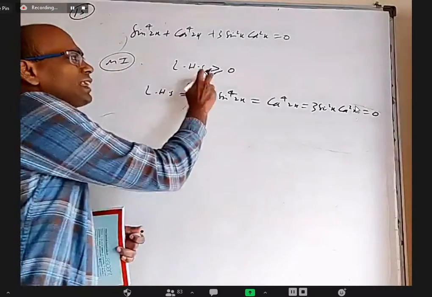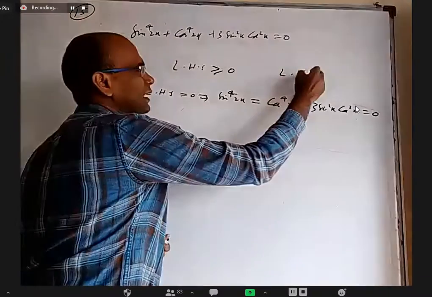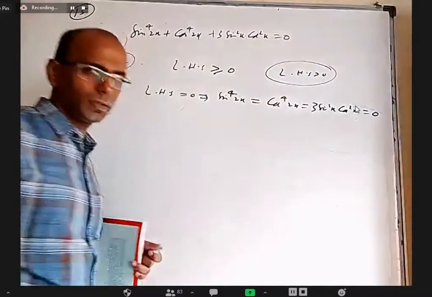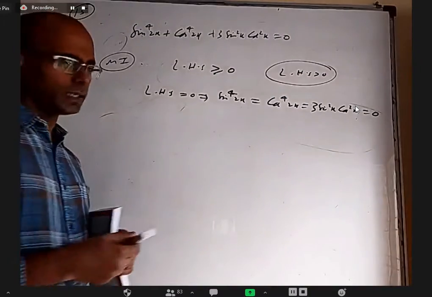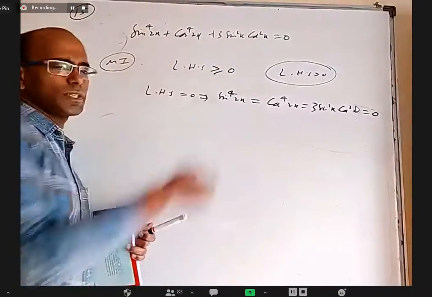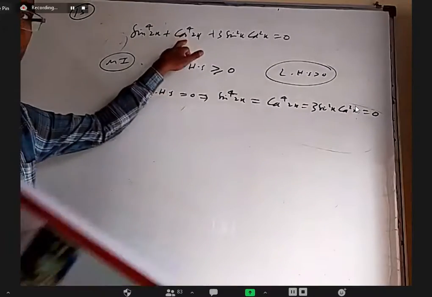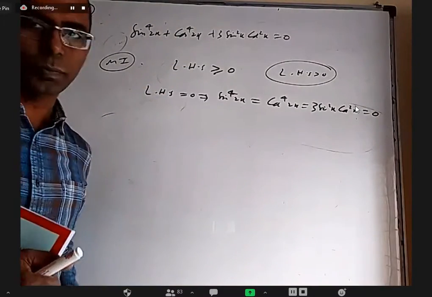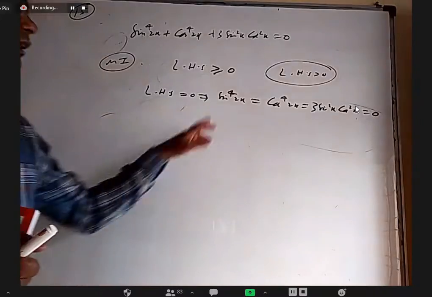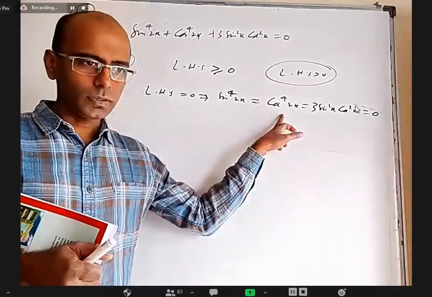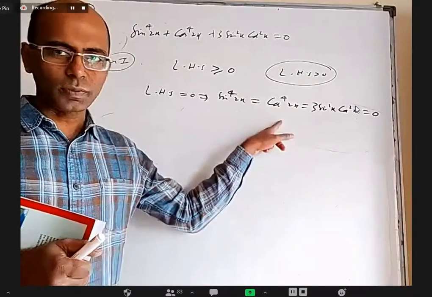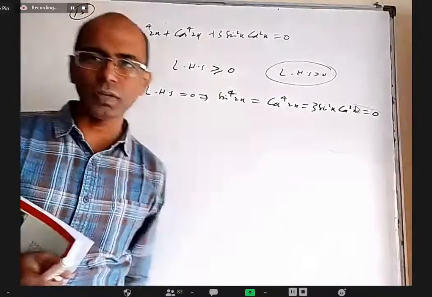In fact, it is not even LHS greater than or equal to 0. It is actually only LHS greater than 0. Equal to 0 not possible. Why? If you want equal to 0, all three must be 0. If any one of them is positive, others are 0, still some will be positive. Why they can't be 0? If this is 0, this value will be 1. When sine 2x is 0, cos 2x will be 1. And when cos 2x is 0, sine 2x will be 1.